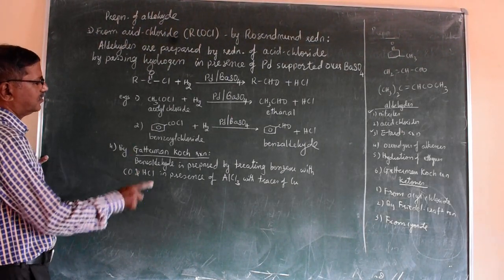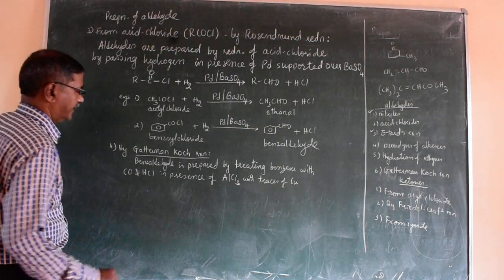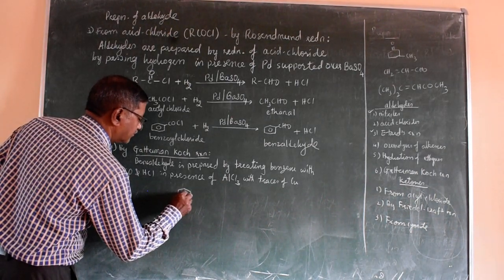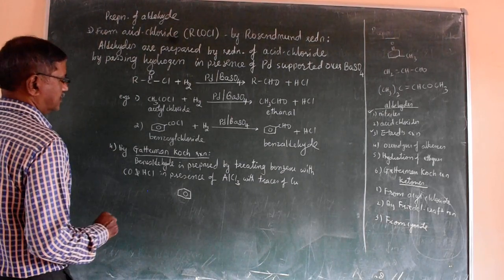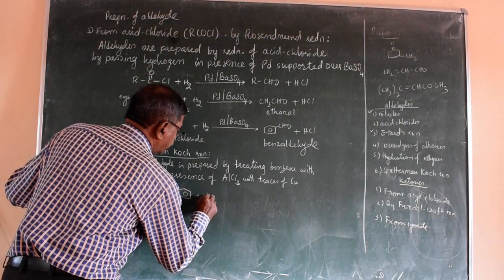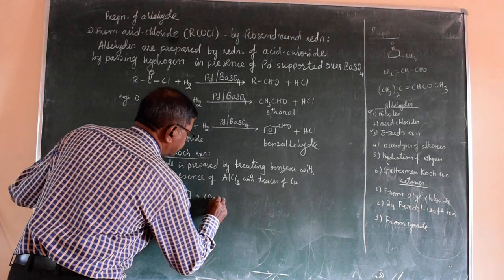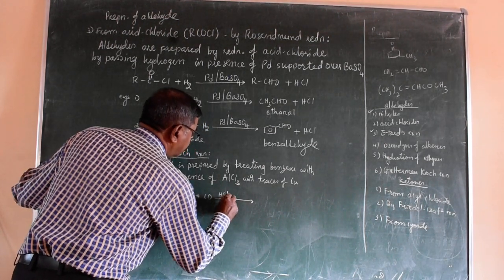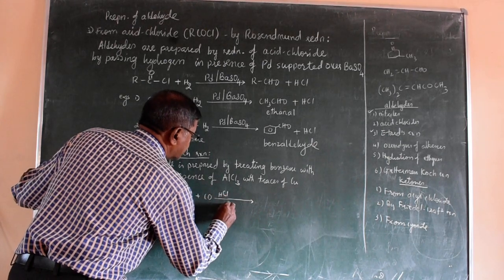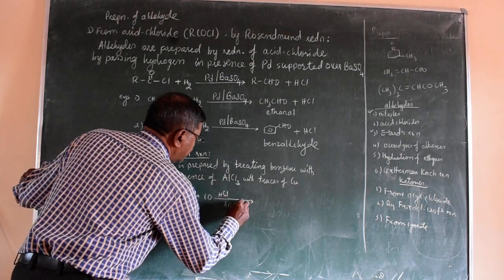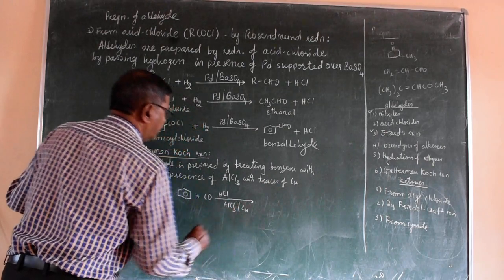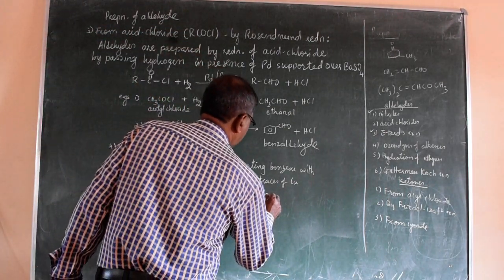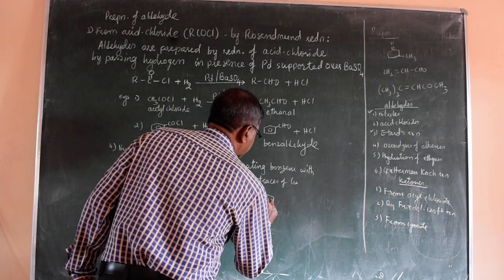So this reaction is called Gattermann-Koch reaction. We have benzene, then carbon monoxide and HCl, in presence of AlCl3 and a little copper. The product is benzaldehyde. This is called Gattermann-Koch reaction.